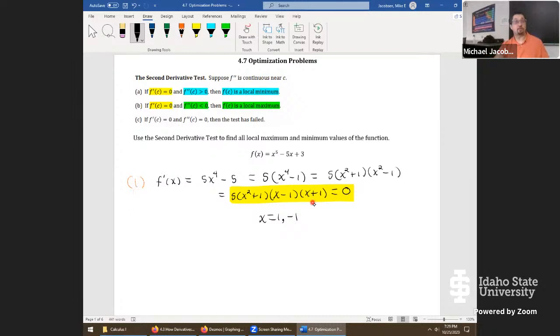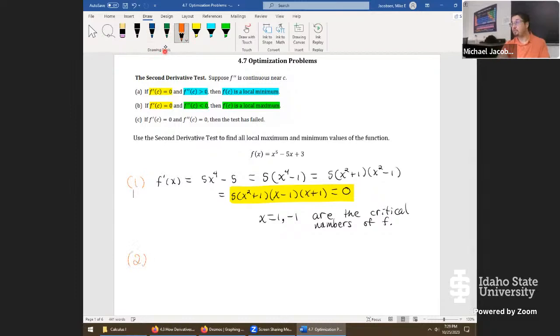And just as a reminder, we could say here, x equals 1, negative 1 are the critical numbers of f. So that's pretty much the very first thing we do. Solve f prime of c equals 0 or f prime of x equals 0 to get critical numbers.